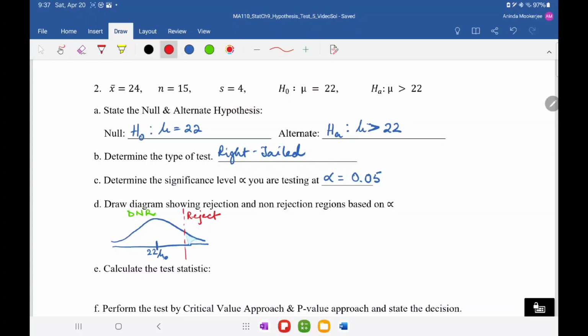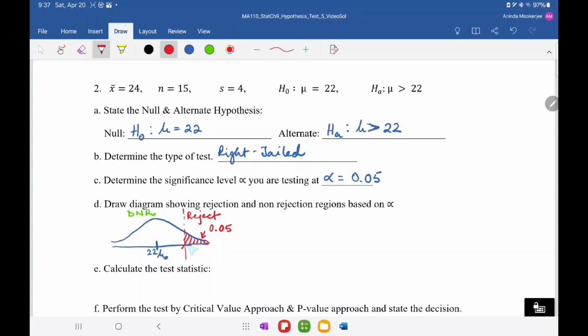Now the area associated with the reject region is going to be whatever value alpha is. So it's 0.05. That's the alpha value. That's the probability of rejecting a true null hypothesis. In other words, the probability of making a type 1 error. Okay, so we have our rejection and do not reject regions laid out here.